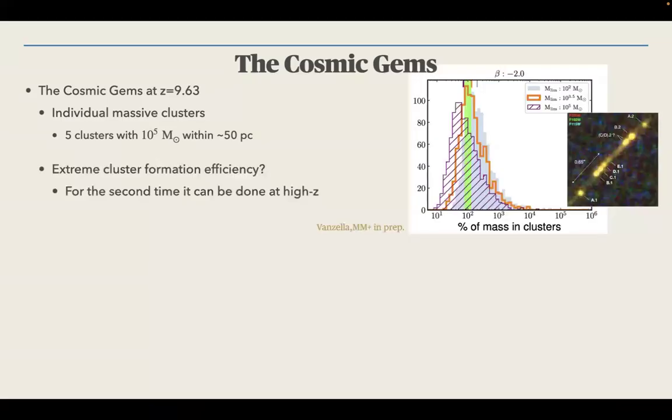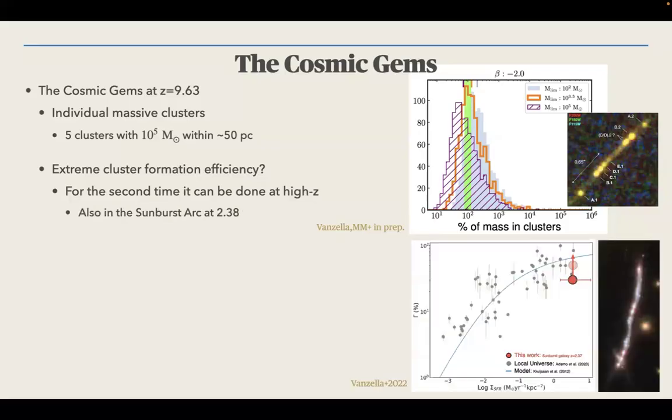And it looks like this suggests a very extreme star formation efficiency. If we consider the local cluster mass function, the local relation we know, it looks like either more than 100% of star formation is taking place in this cluster, or, in order to explain what we are seeing, at high redshift star formation tends to form more massive clusters on average than what we are used to seeing locally.